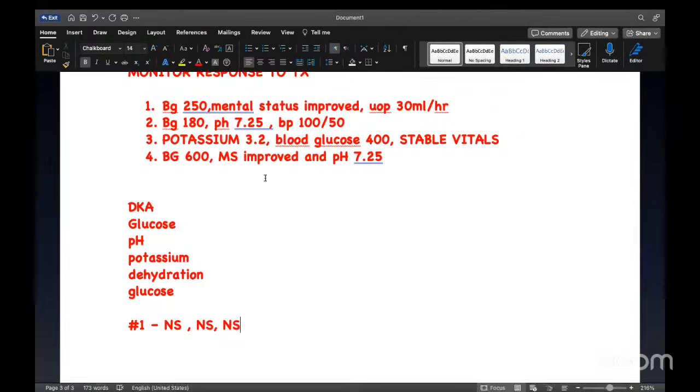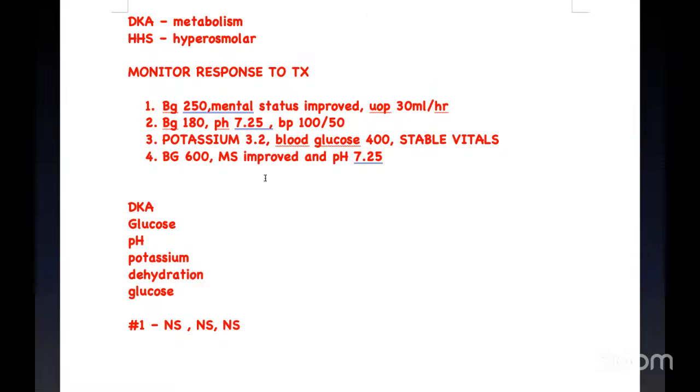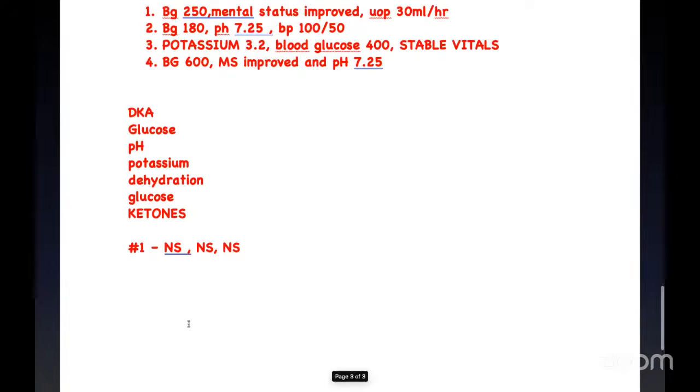They will come in with their potassium high. Don't worry about it. They will be dehydrated. That is your number one. Their glucose will be high, their pH will be off, and they will have ketones in their urine. Your number one is to hydrate them. If you hydrate them enough, because that is the signs and symptoms they came in with, then you worry about the potassium and the glucose.